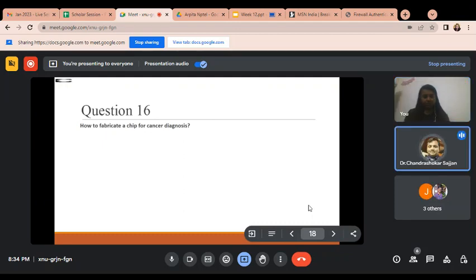VOC, volatile organic compounds, can be used. How to fabricate the chip for cancer? The fabrication process I'm asking about.